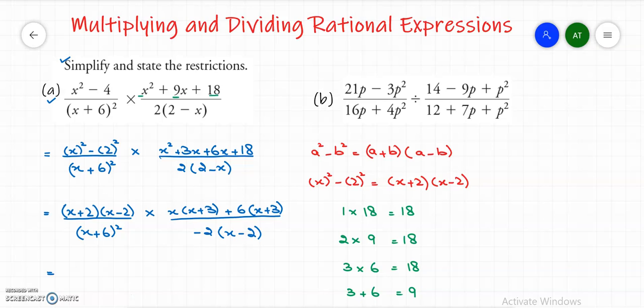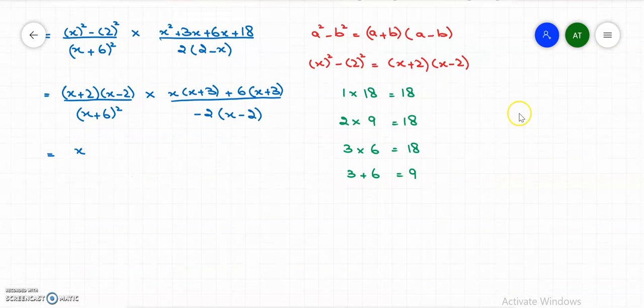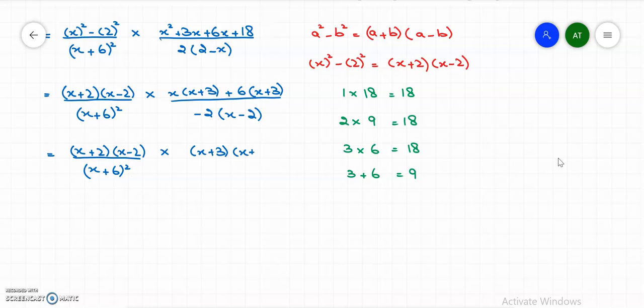Let me combine the factors. So we have x plus 2 into x minus 2 over x plus 6 whole square, times x plus 3 x plus 6 over negative 2 times x minus 2.